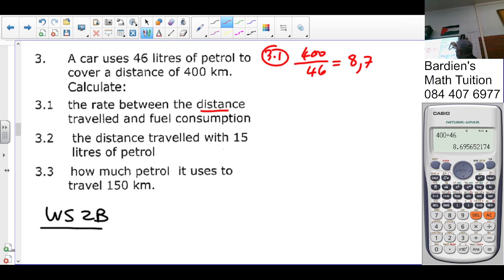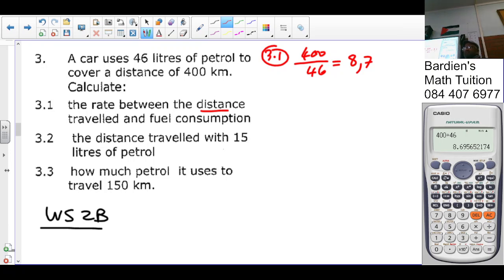So it's 8,69, but since the number after the 9 is a 5, and that is greater or equal to 5, it's going to change that 9 to a 10, and that 6 becomes a 7. So that is actually 8,70 or 8,7.